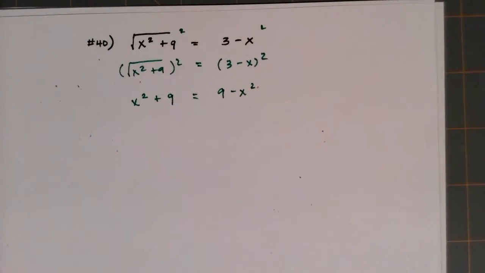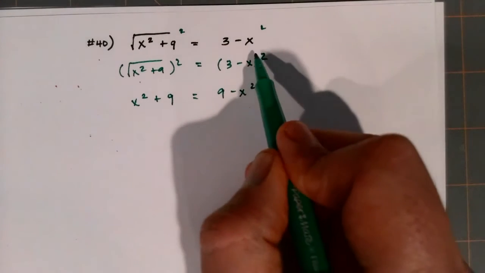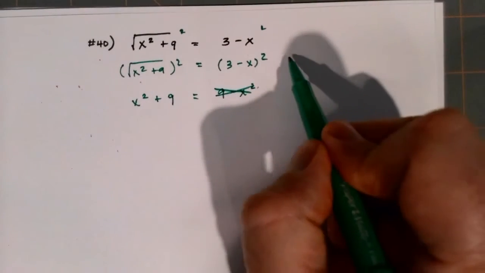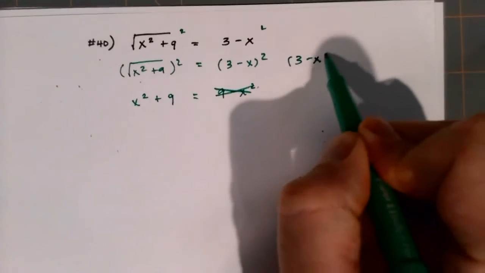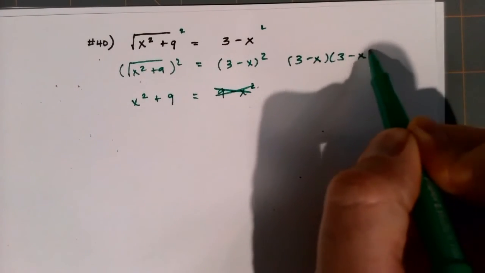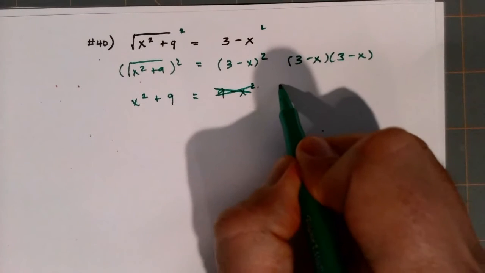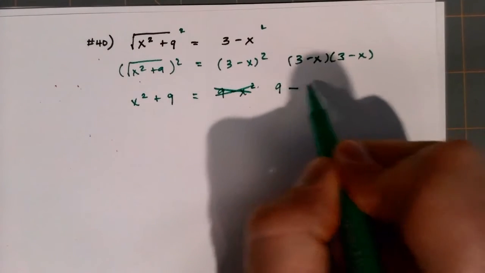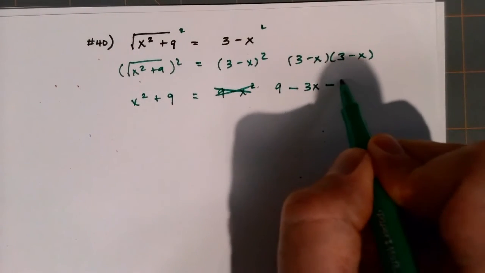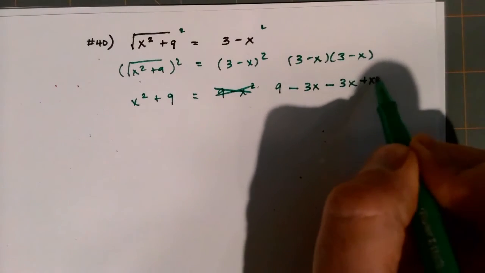So you might be tempted to do that, but you would be wrong, because you can't distribute this, right? You have to do 3 minus x times 3 minus x, which gives you 9 minus 3x minus 3x plus x squared.